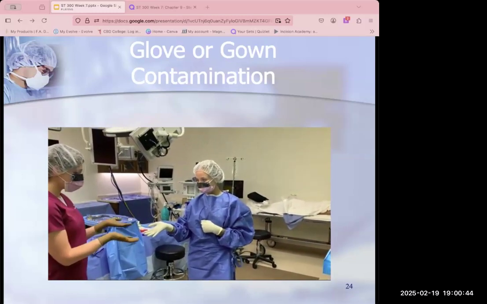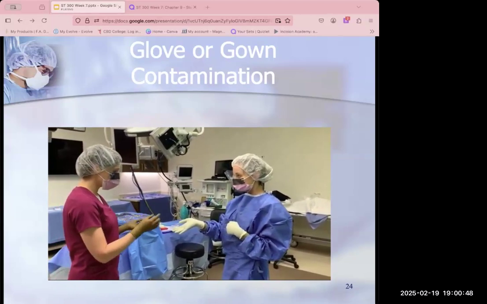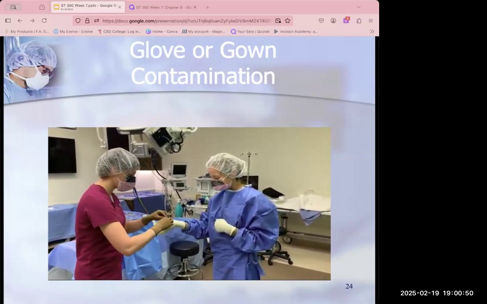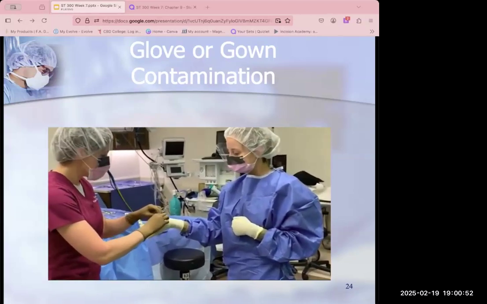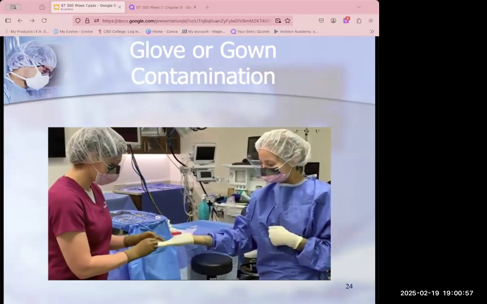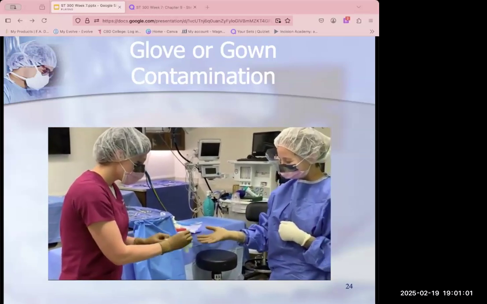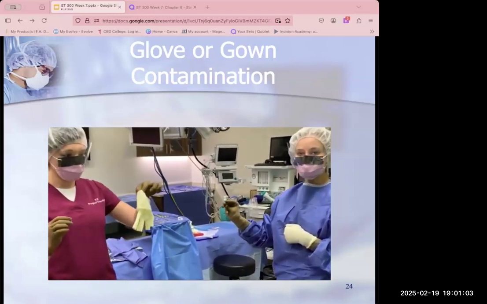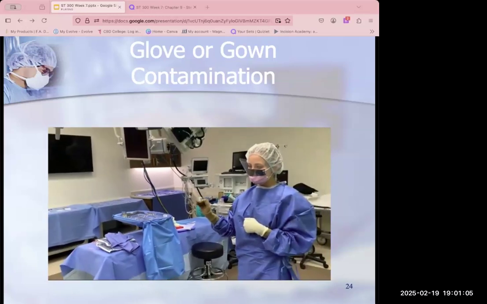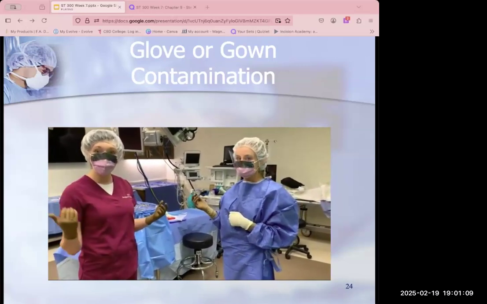So they're going to present their hands, if it's one or both, up like this. So your circulator is then going to grab only on the glove, because you will be double gloved, only on the outer glove, and they're going to pull it down as best they can without touching your under glove. That way, now this is trash, and they will remove that, and now that is still sterile because that was underneath your other glove.